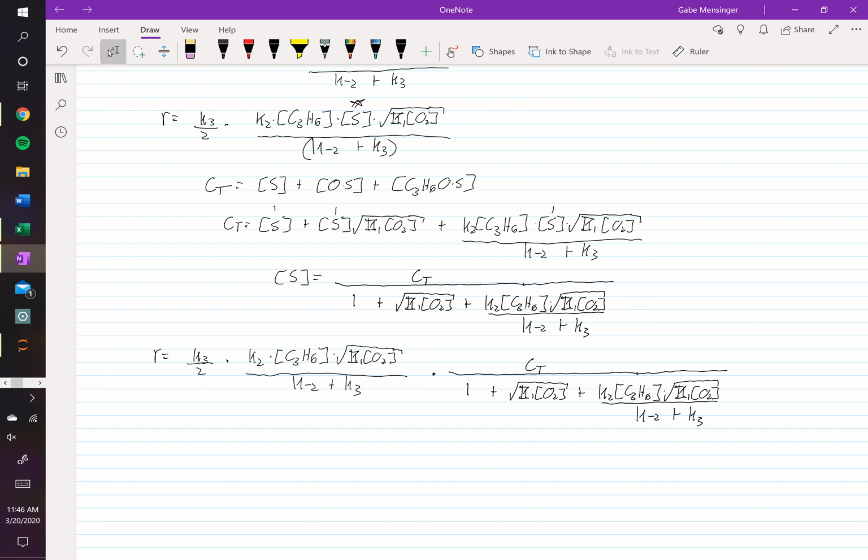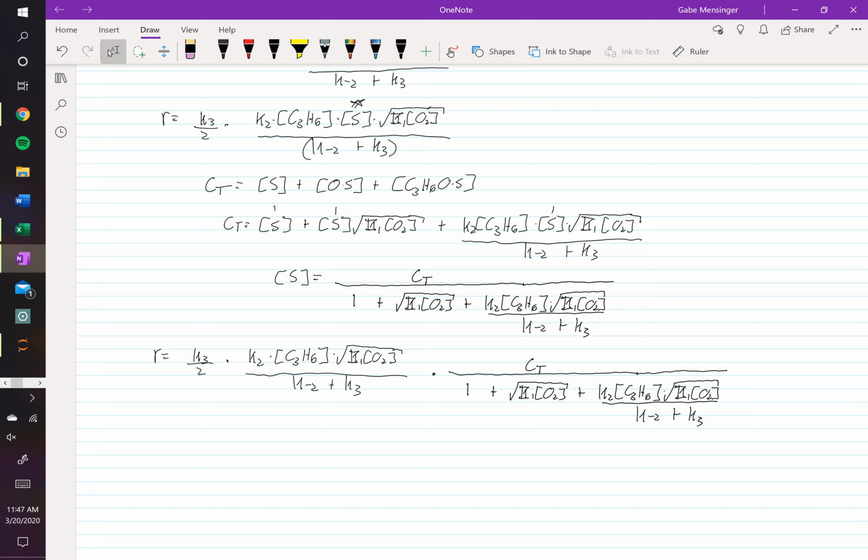And is it number of sites S, not total concentration? Is this CT the same as the one from the QE analysis? Yes, it is. CT is the total concentration of our sites. So concentration of S is representative of our empty sites, basically.